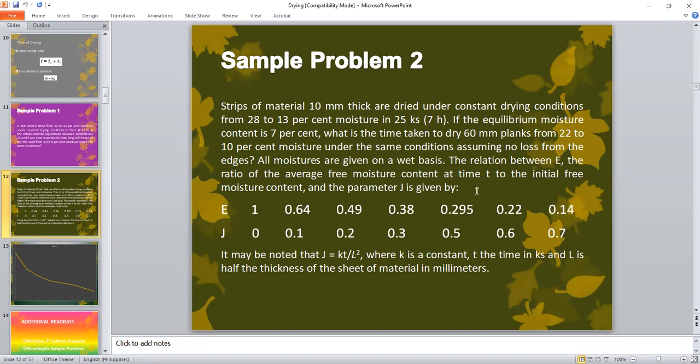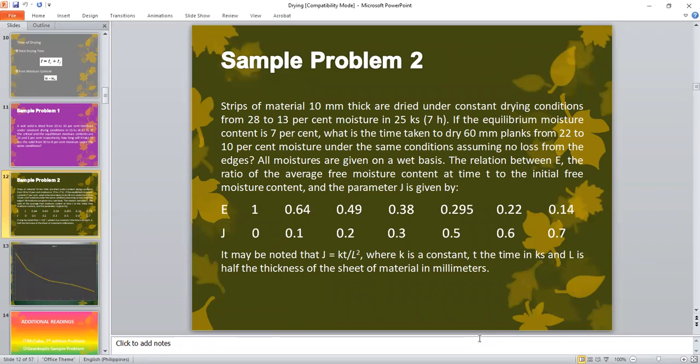What is this parameter J? Because you're given here a set of data in the form of a table. Of course, expect that this J will be defined to you, or whatever parameter later on that the drying problem will talk about. In this case, your J is equal to KT over L squared, where K is a constant for drying, specific only for this particular material and for this particular set condition.